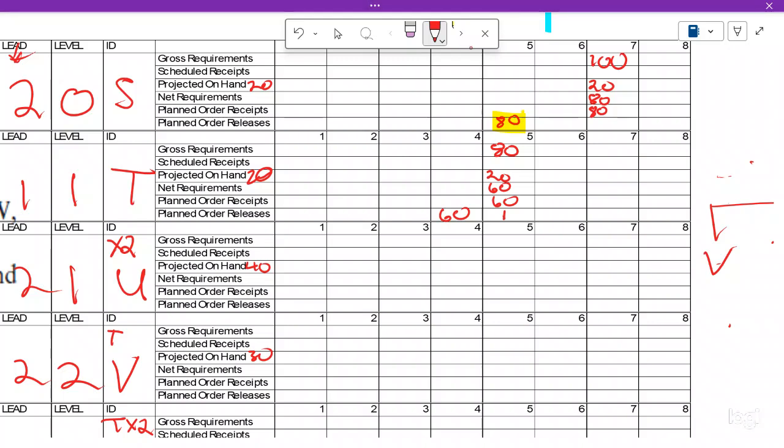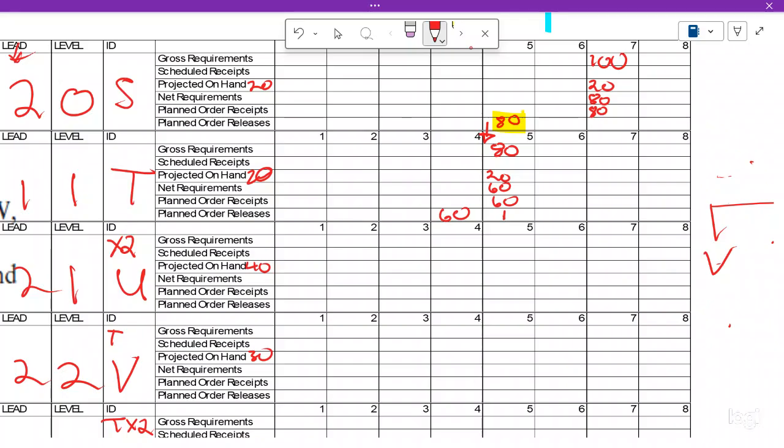Our gross requirement. Remember, we released this order to this side. S is a complete calculator. And then this is your T. This is your U. Under T we have products, under U we have products.